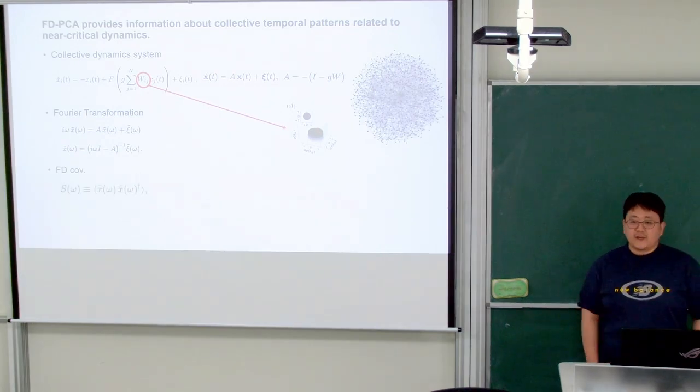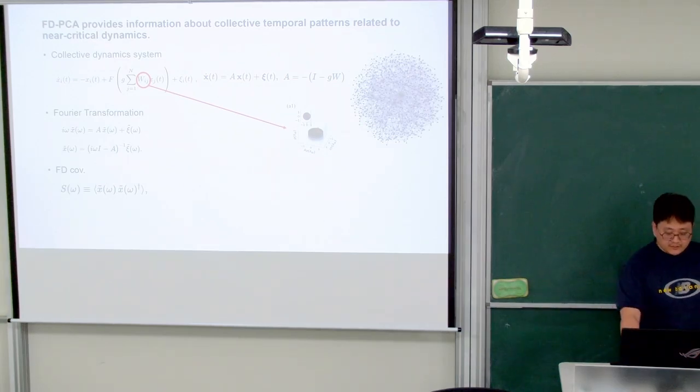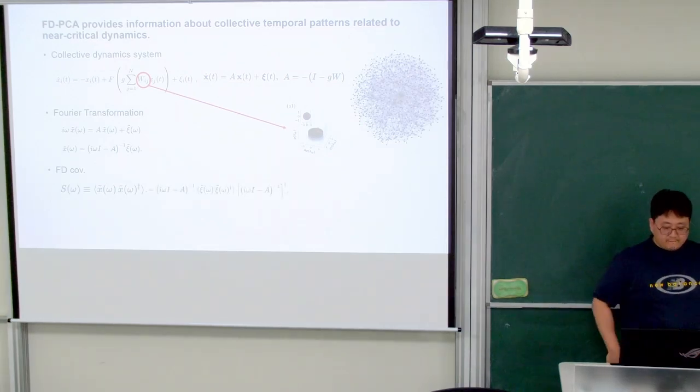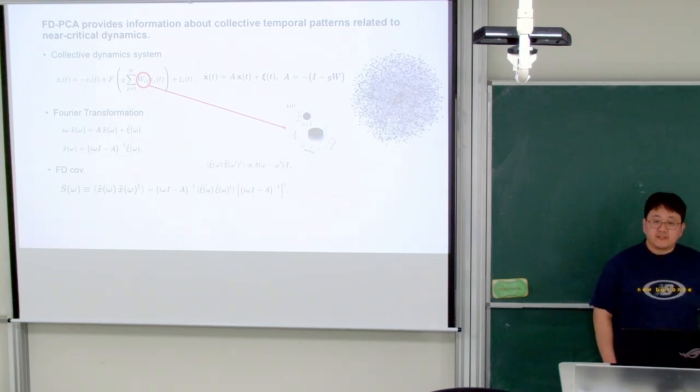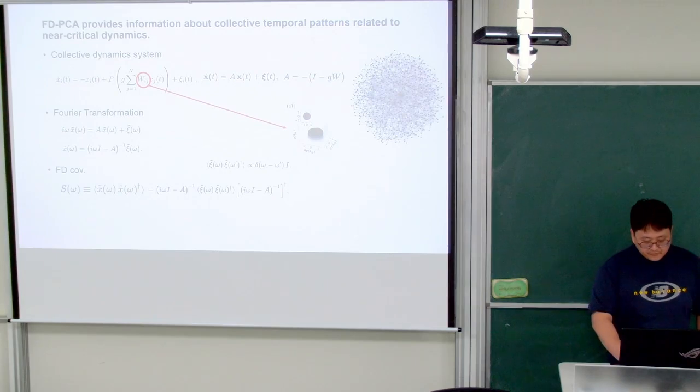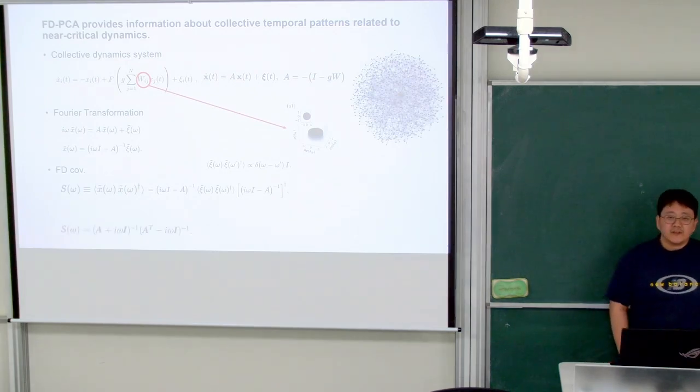So yeah, the definition of the FD covariance matrix is this, and we can plug in the x, plug in this equation to the x position, then we will get this one. And this eta correlation actually corresponds to the delta function because they have no relation to each other. So then we will get this one.